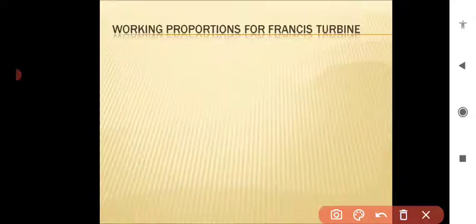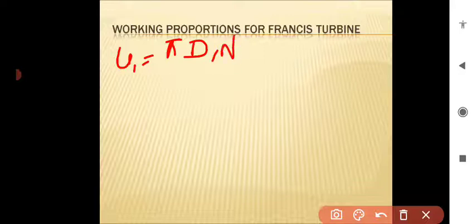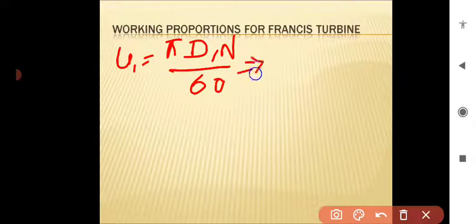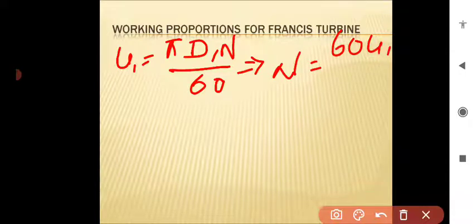Now u1 is equal to, we know that, pi D1 N by 60. From this equation we will get N. N is equal to 60 u1 by pi D1. Substitute all the values in this equation.